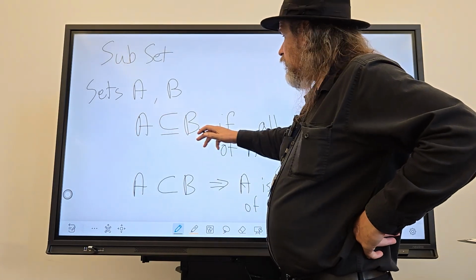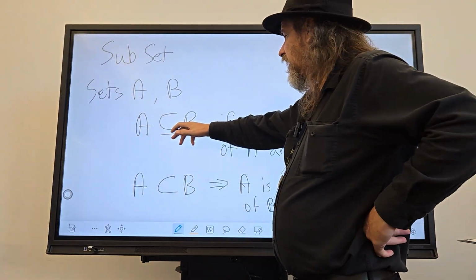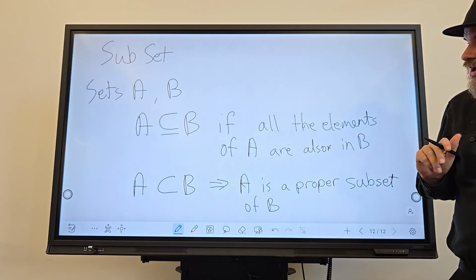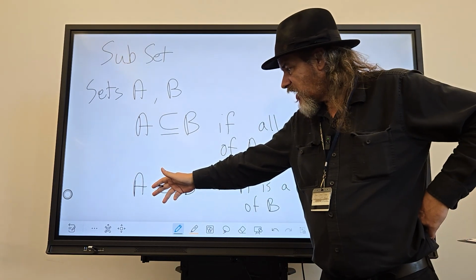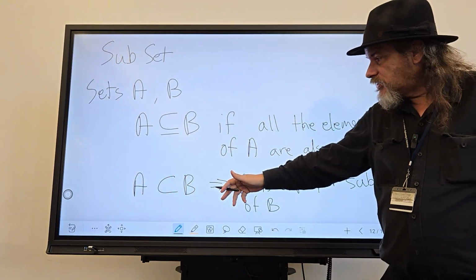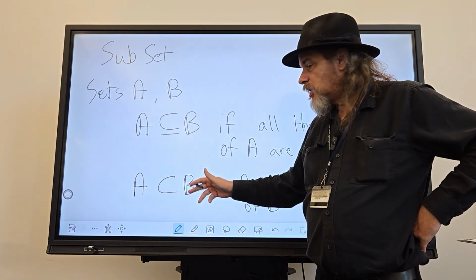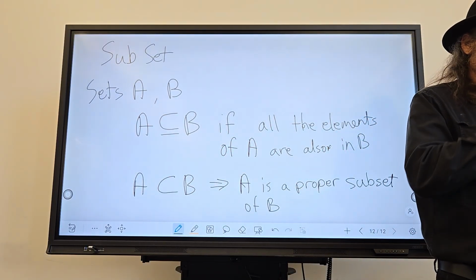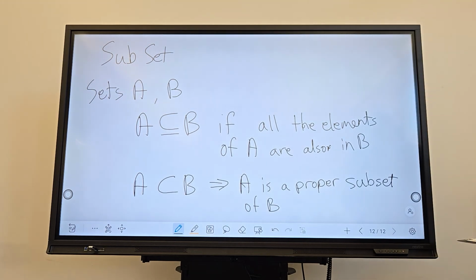A can be equal to B and still be called a subset. This is more like the less than sign. All of the elements of A are in B, but there's some elements in B that are not in A. That's what a proper subset is.